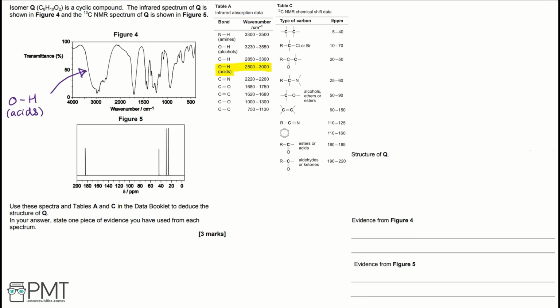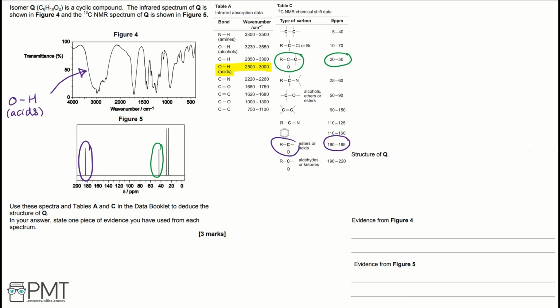Then I'm going to colour code table C. So we have this peak here, which is between 160 and 185, and so it's going to be this group here. And then we've also got this peak here, which is between 20 and 50, so it's showing us that we have a carbon group next to our carbonyl. So we have our purple and our green groups here.